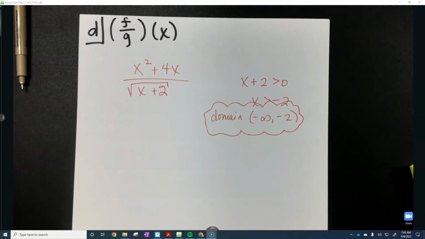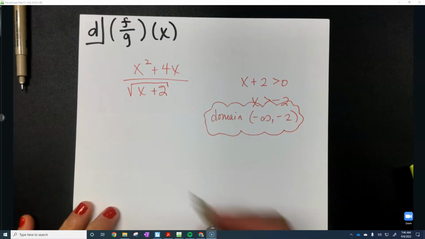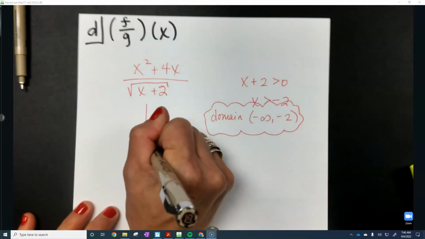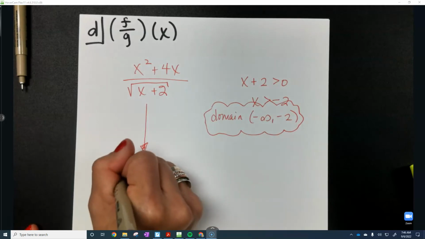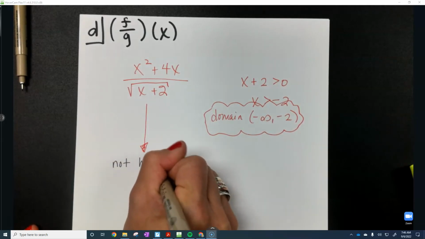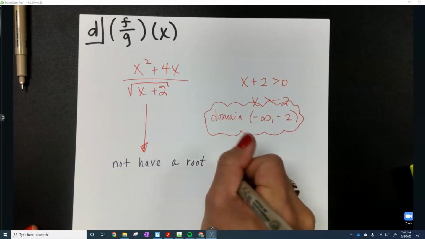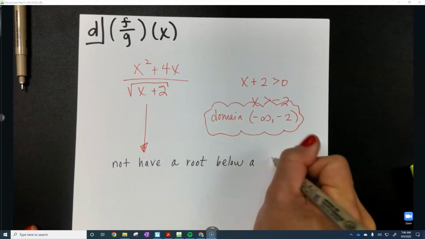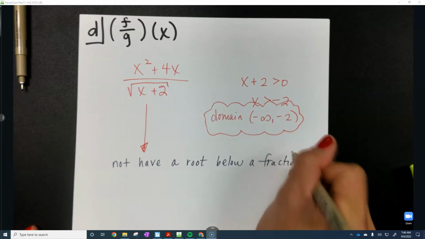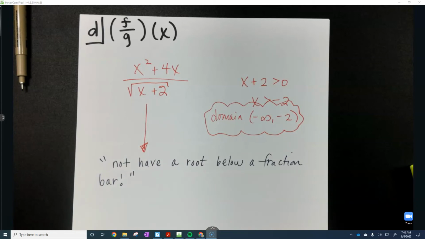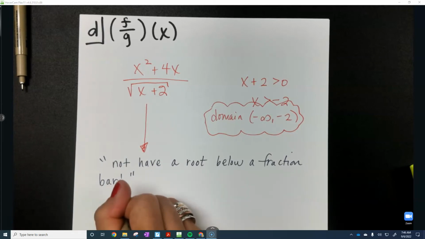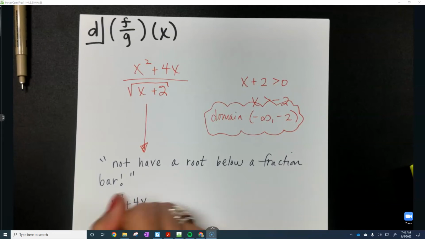Okay, and then from here, guys, we need to talk about rationalizing the denominator. You did this maybe once or twice in Algebra 2, but I know you guys did it in geometry. So remember, you cannot have a root below a fraction bar. So what we're going to do is multiply by that root to get it out.